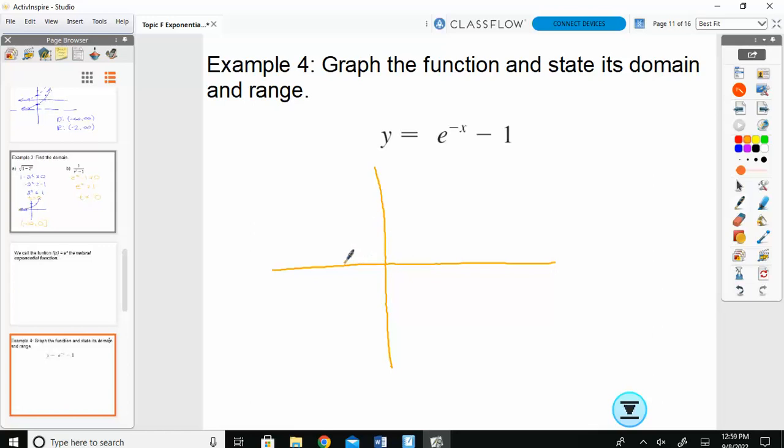So our parent function will be, if you put in a negative 1, e to the negative 1, so that's like 1 over 2.7 something, so we're just getting something less than a half. E to the 0, anything to the power 0 is 1. E to the first would be like a 2.7-ish.